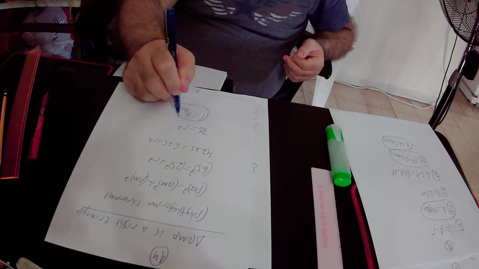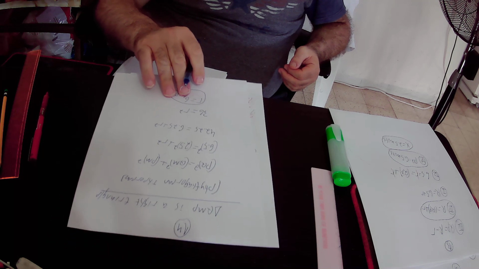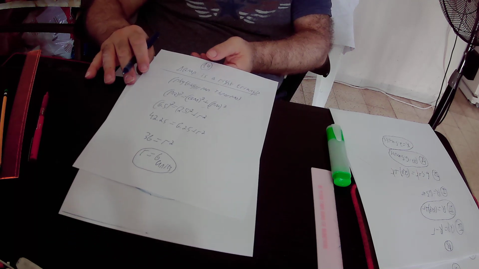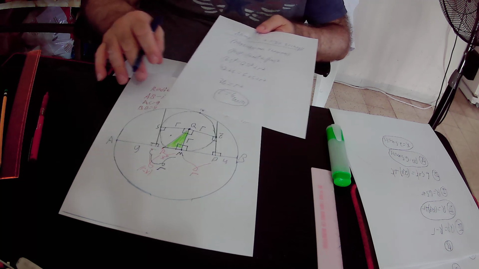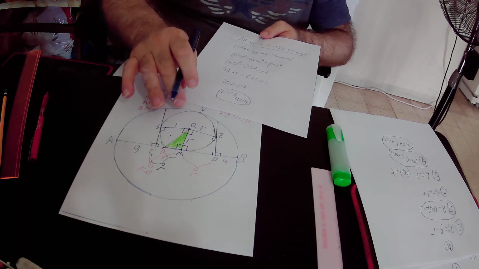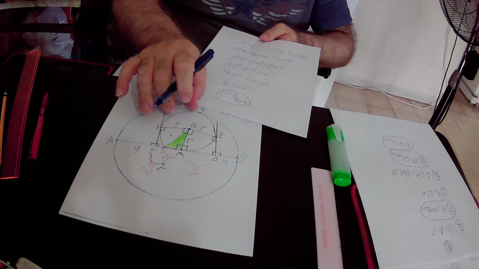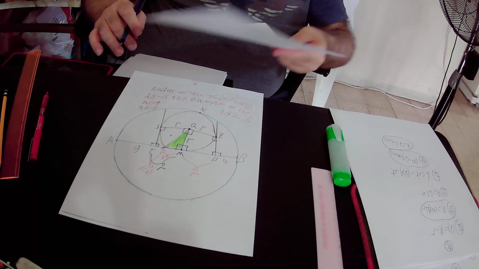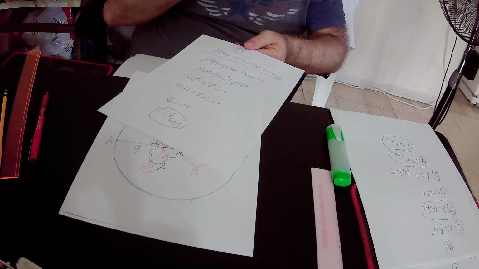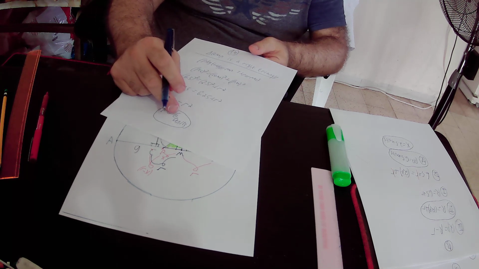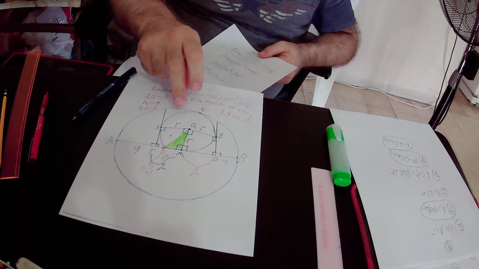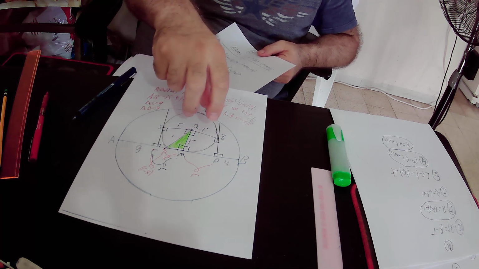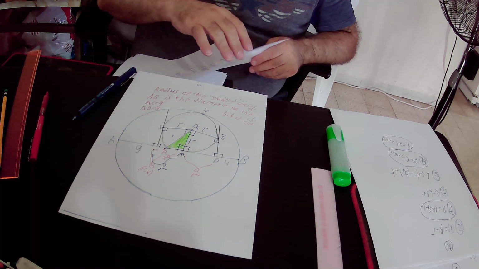So the answer to the question is that the radius of the small circle equals 6 units, or small r equals 6 units. Again, the radius of this circle equals 6 units.